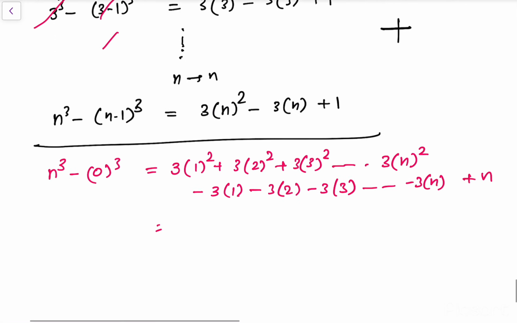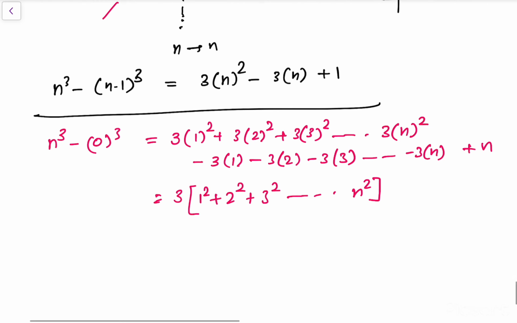On the right hand side if we take 3 common in the first, second, third and n terms, we get 1 square, 2 square, 3 square dot dot dot n square. And in the remaining terms if we take minus 3 common, it becomes 1 plus 2 plus 3 plus dot dot dot n, and the last one is n.